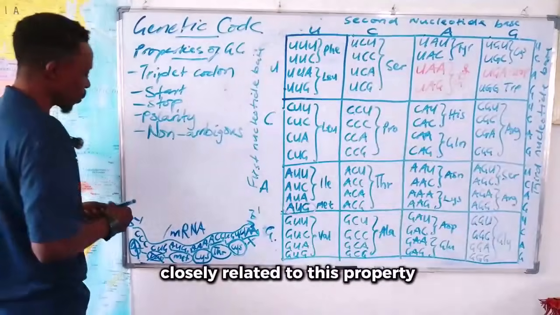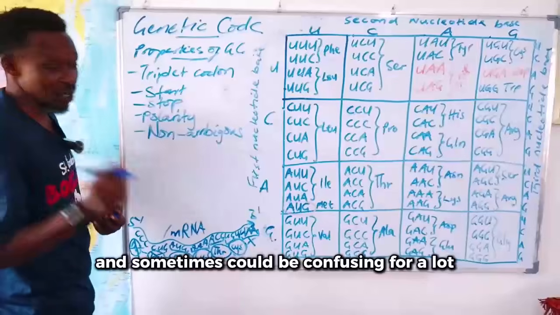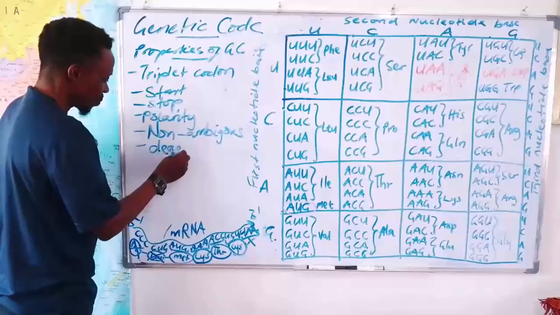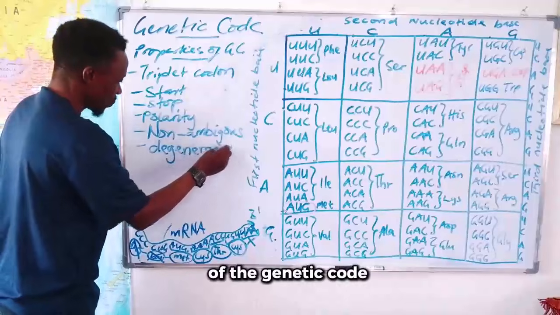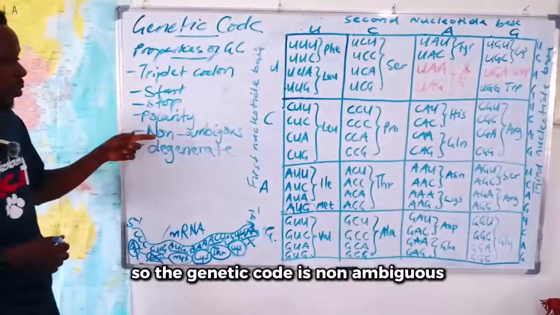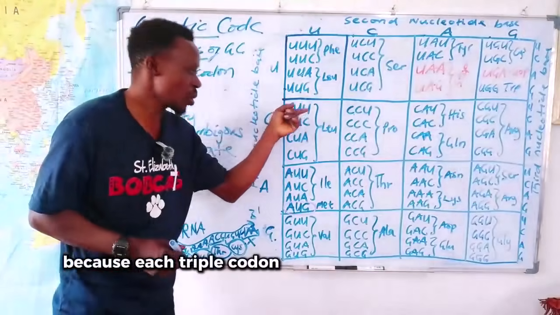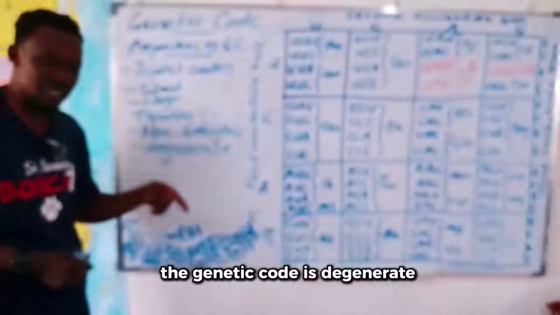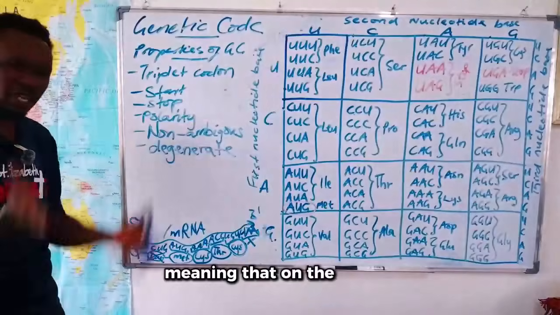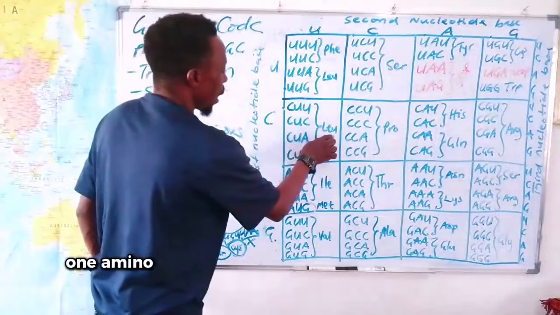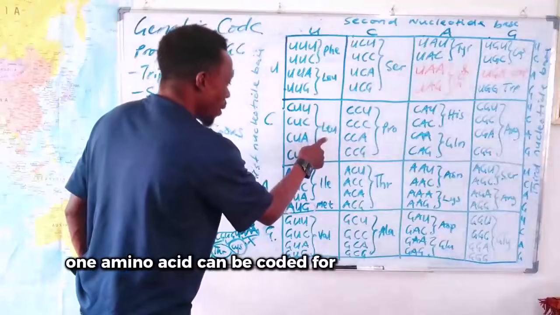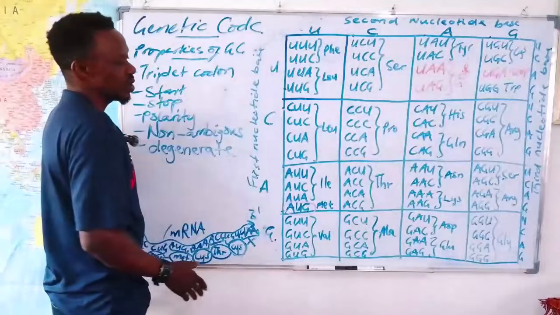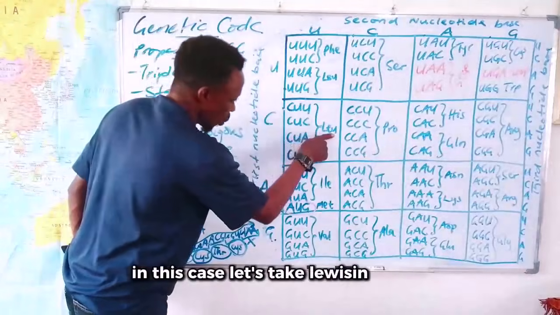Closely related to this property, and sometimes confusing for a lot of students, is what we call the degenerate nature of the genetic code. So the genetic code is non-ambiguous because each triplet codon codes for one amino acid at a time. However, the genetic code is degenerate, meaning that, on the opposite, one amino acid can be coded for by more than one triplet codon. In this case, let's take leucine.